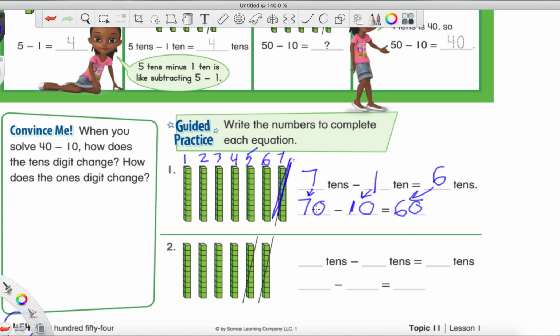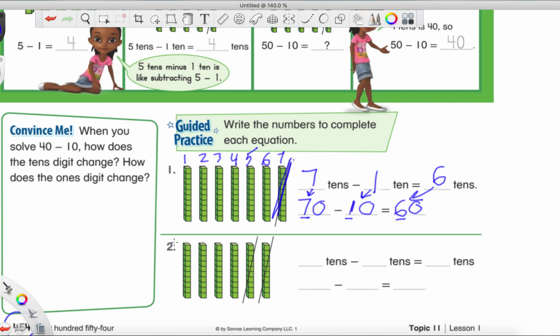And that's it. So now we know that 70 minus 10 is 60. So we can always subtract by just taking away the tens place. That's it. You can even see that right here. I know they wrote out the word tens, but you could also write it like this and then just focus on subtracting the tens place. 7 minus 1 is 6. That's it. That's all we're doing.